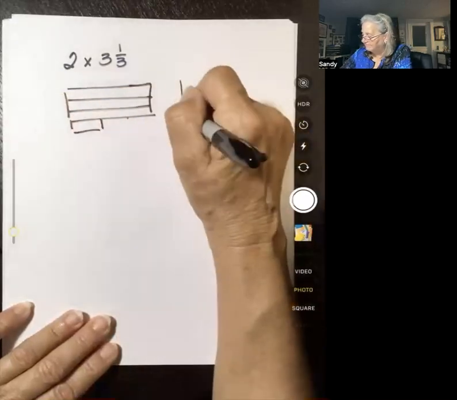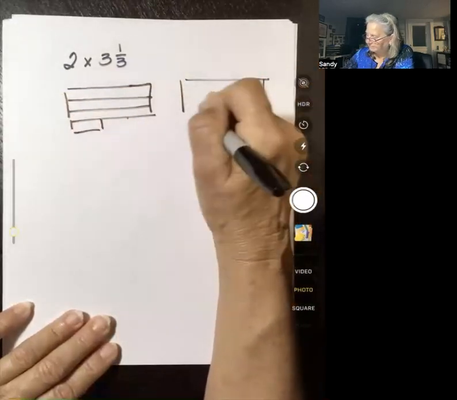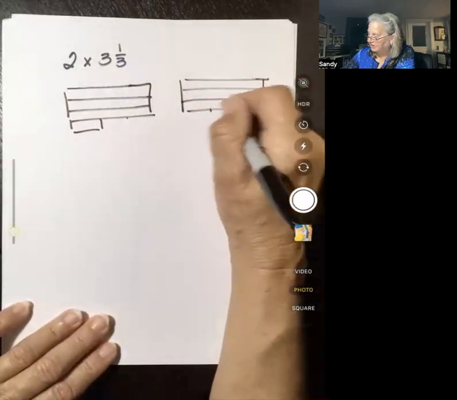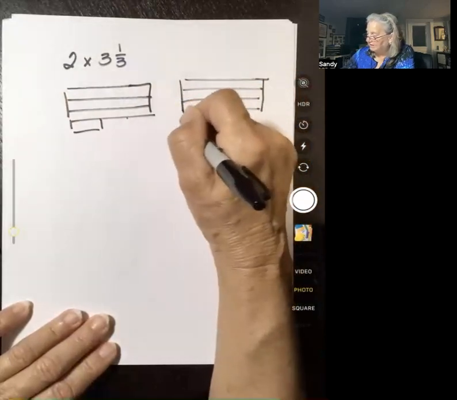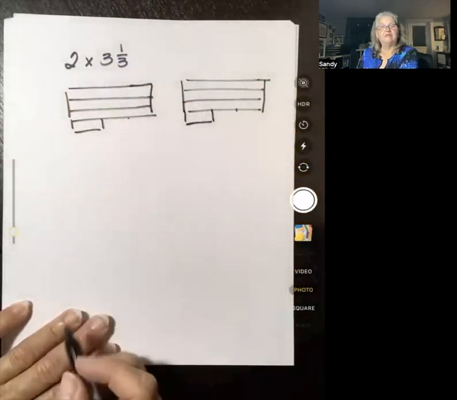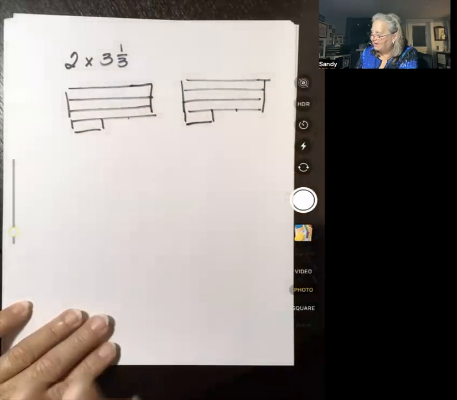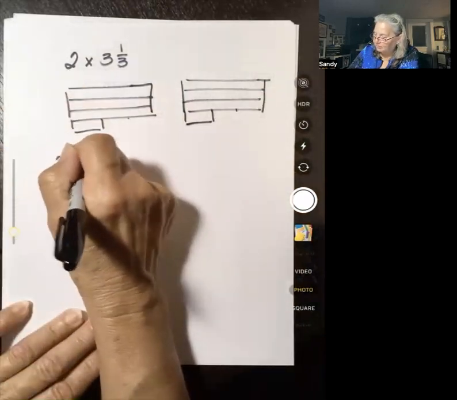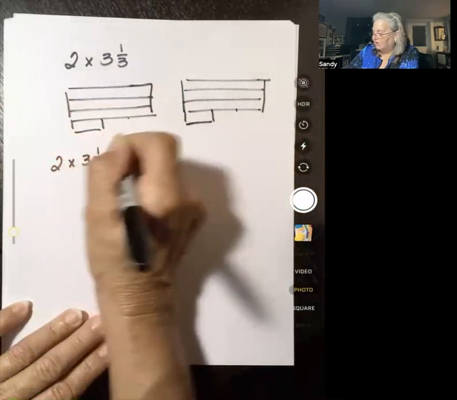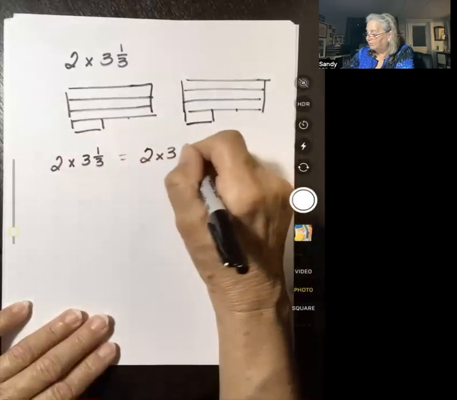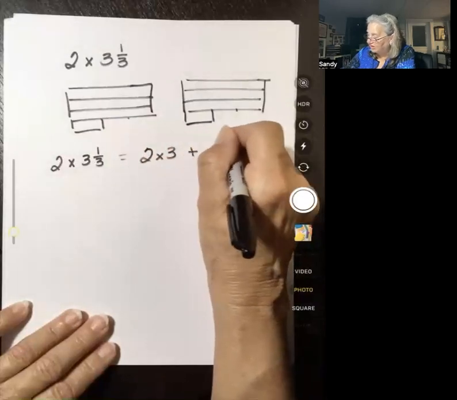And I'm doubling it. Now notice this time I chose to draw them side by side. Doesn't matter. I'm just trying to show 2 groups of 3 1/3. But now how did I make that? To show a double 3 1/3, well, I show double 3 put together with double 1/3.